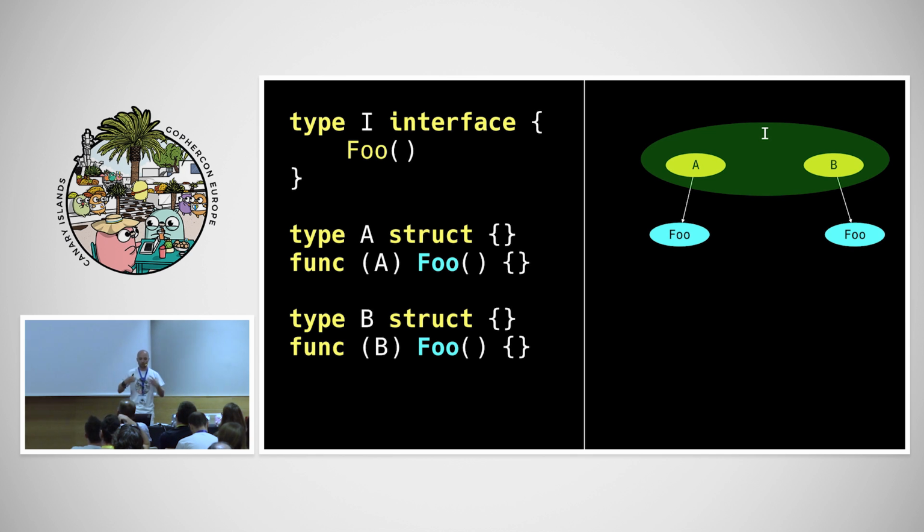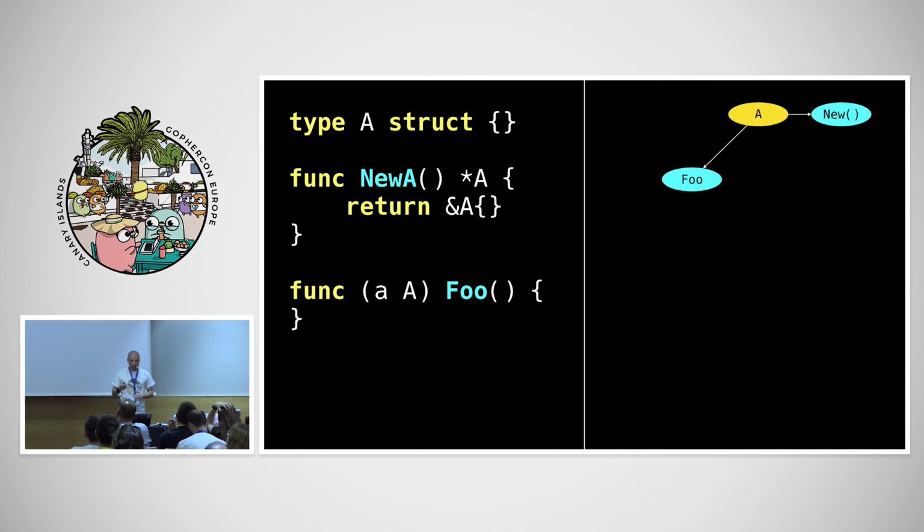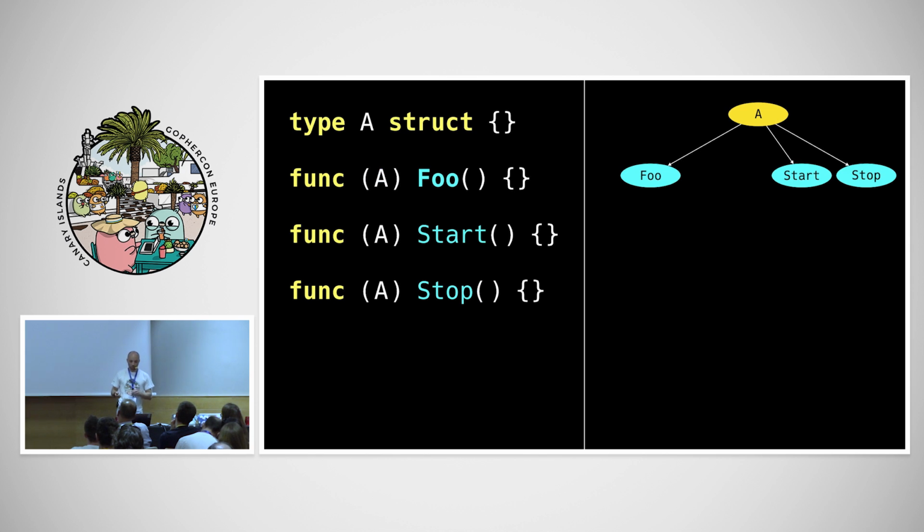First, you have to have concrete types, then you see they have the same common behavior, and you generalize on them. So I see them as a cloud that brings those types together. And of course, naming. There are special names like New. It's not special, it's just convention. So they are closer to the type. And names like start, stop, push, pop, things that are related, they also group together, clustered.